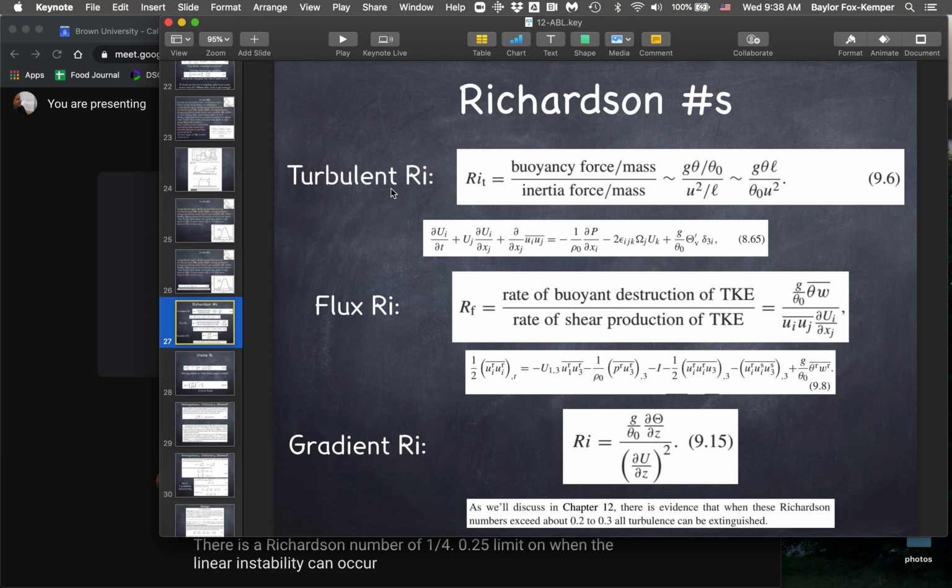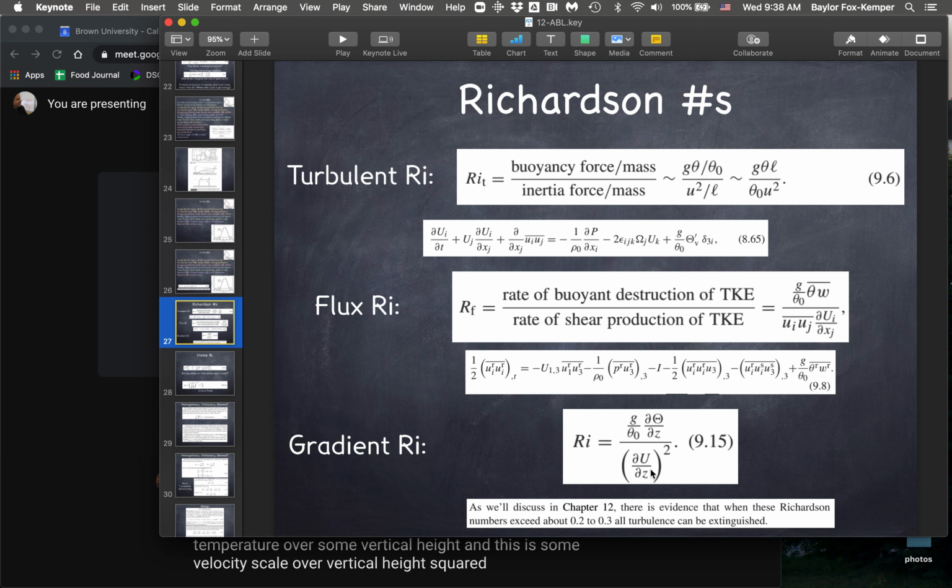But more generally, we might want to think about how much buoyancy there is per unit inertia. And so we could think of that in just a scaling. What's the scale of this? Well, it's g times some delta temperature over some background temperature over some vertical height. And this is some velocity scale over vertical height squared.